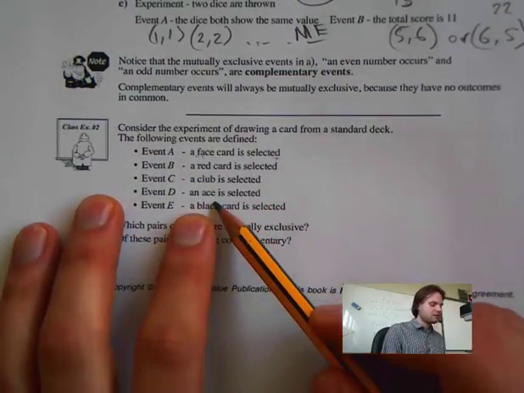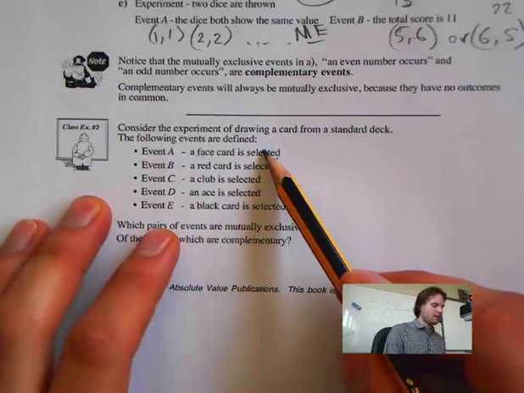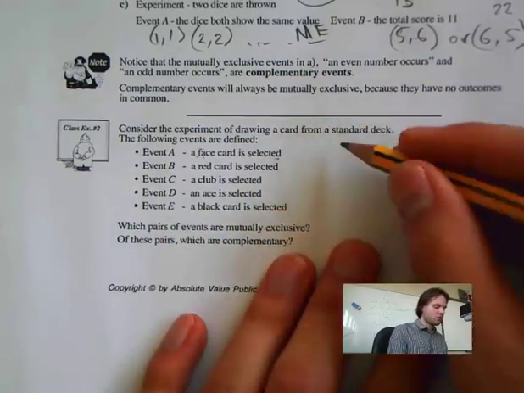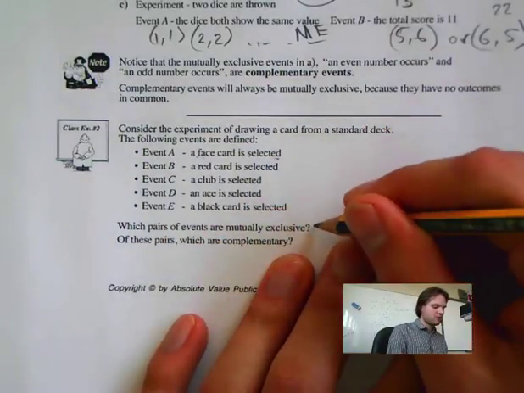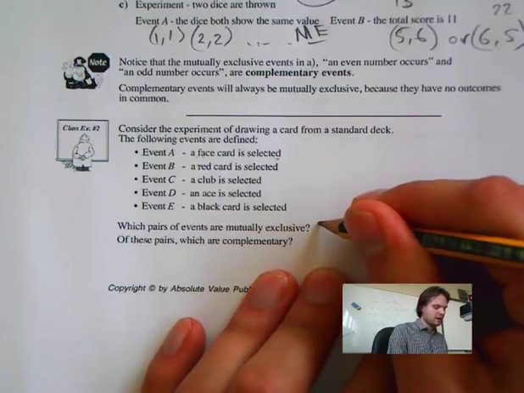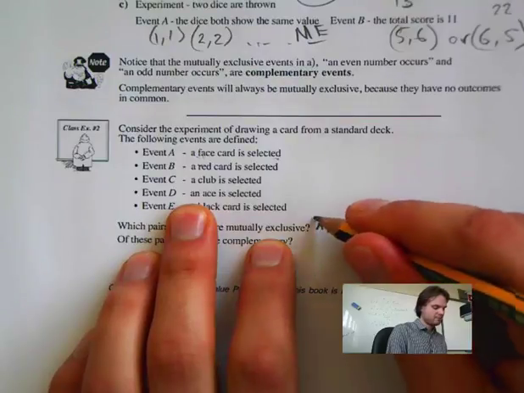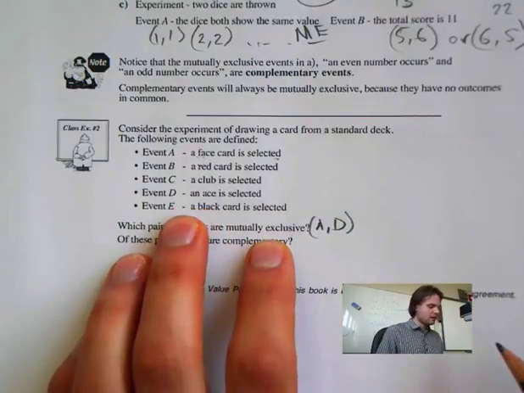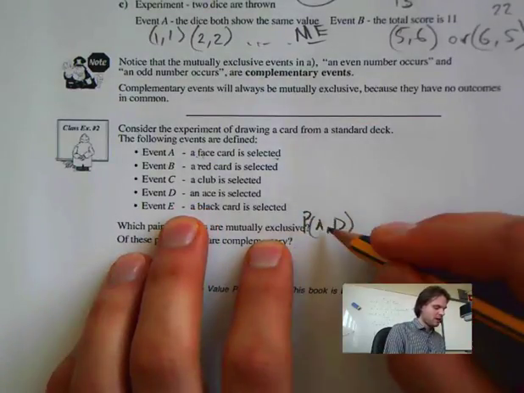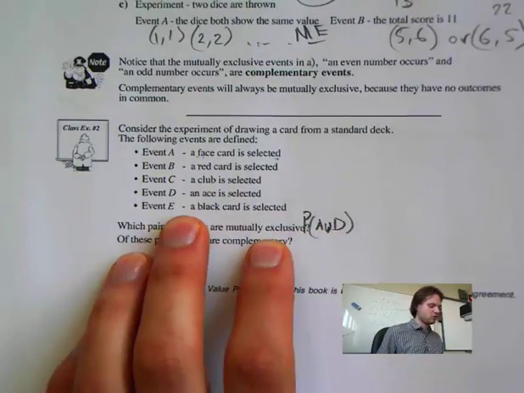An ace and a face card. That is mutually exclusive. So I'm going to first write here, my pairs that are mutually exclusive is event A and event D. So there's one.